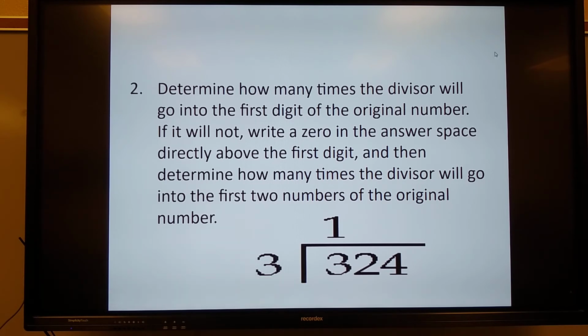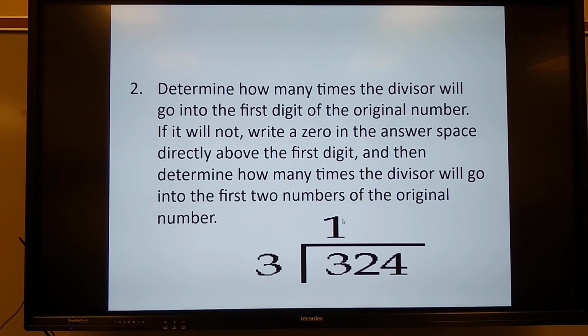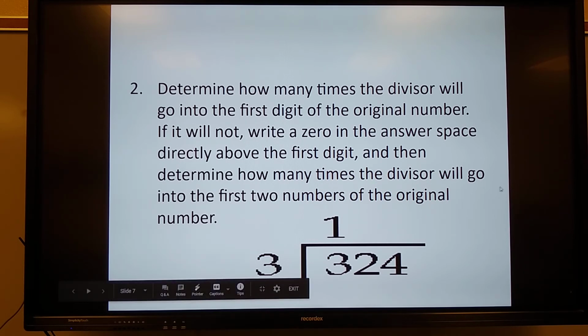Determine how many times the divisor will go into the first digit of the original number. If it will not, write a 0 in the answer space directly above the first digit. Then determine how many times the divisor will go into the first 2 numbers of the original number. 3 goes into 3 one time, because 1 times 3 is 3.